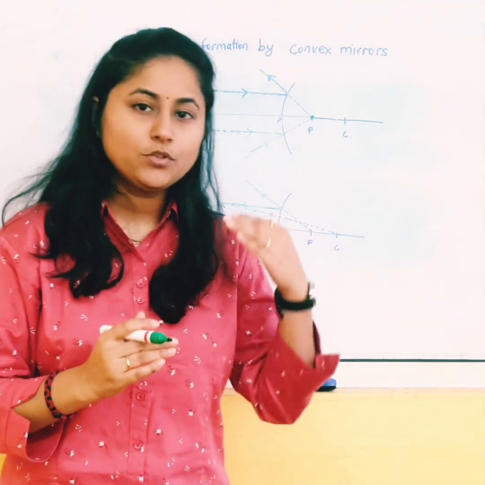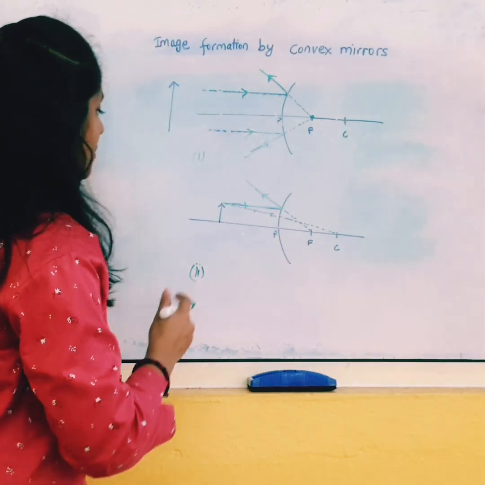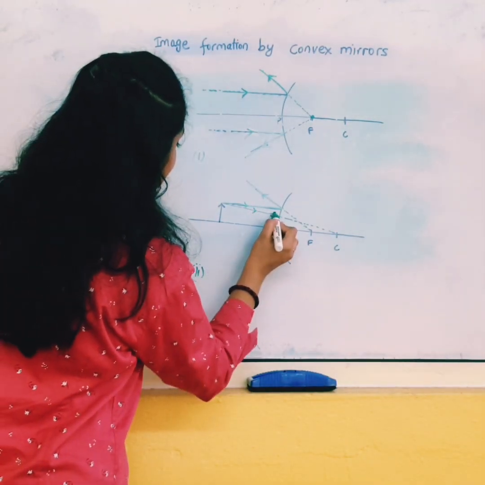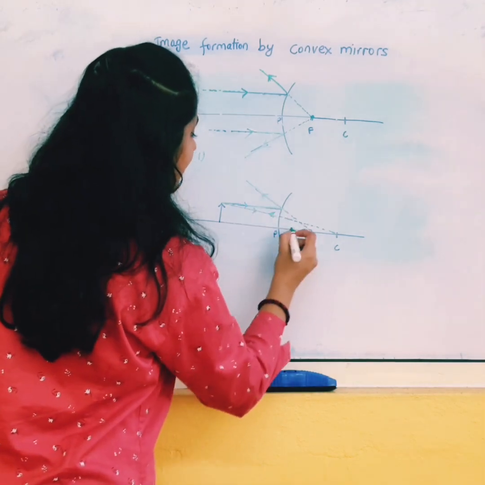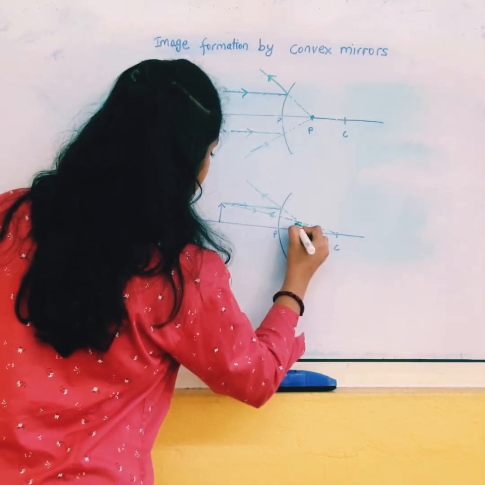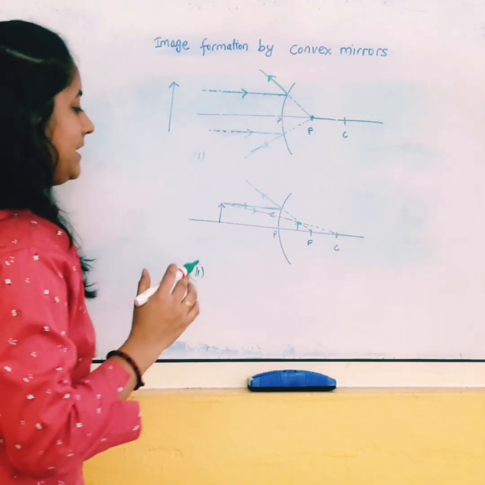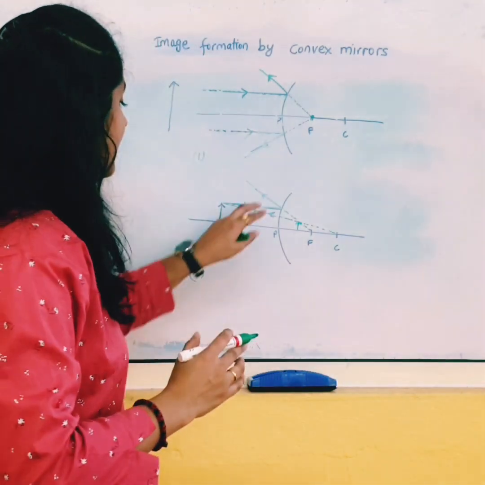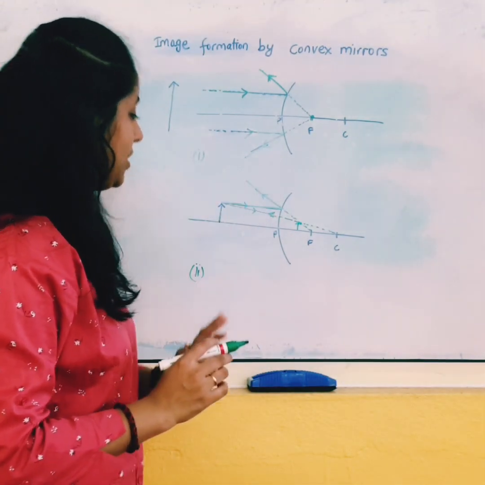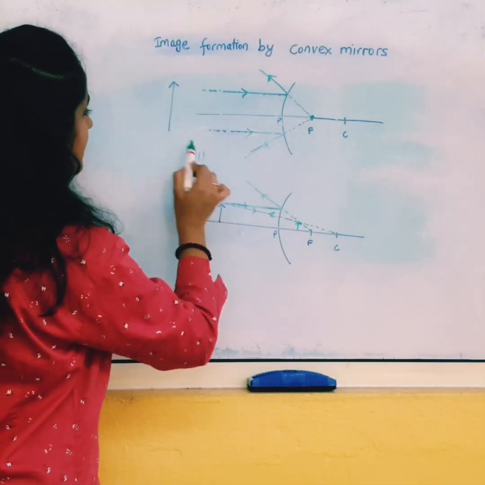The ray which is coming towards the center of curvature takes back the same path after reflection. These two rays after reflection meet at this point, so the image is formed here. The type of image again is virtual and erect, and the image size is diminished. So this is the second case, and this is the first case.